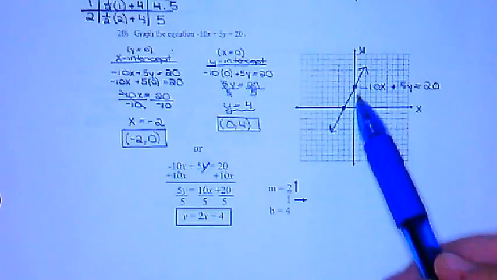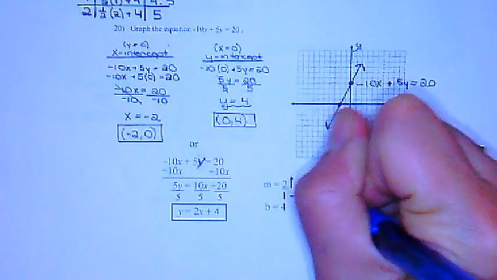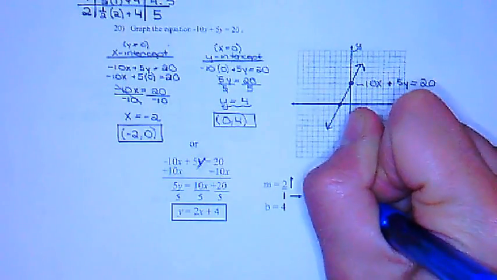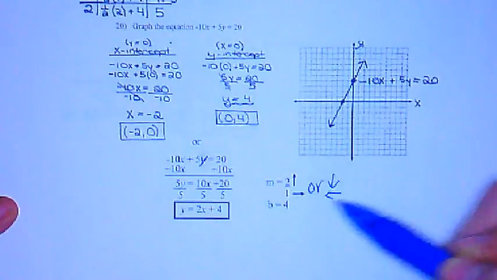I also want to mention that you can either go up and to the right, or you can go down and to the left. So this would be positive, positive. This is negative, negative, which equals a positive.